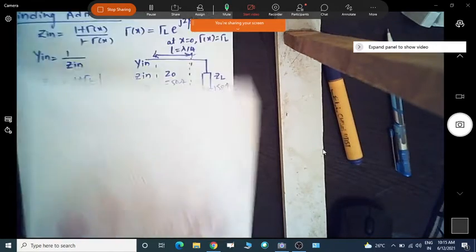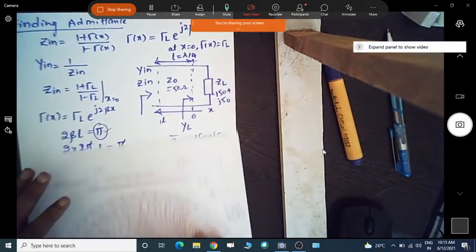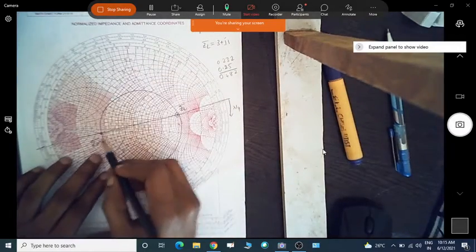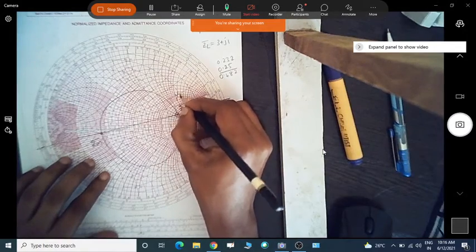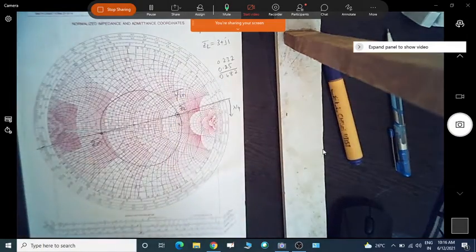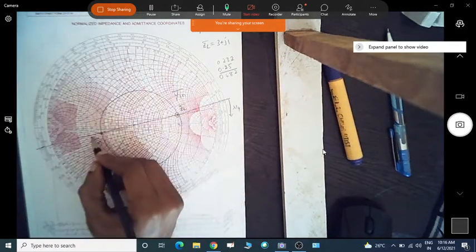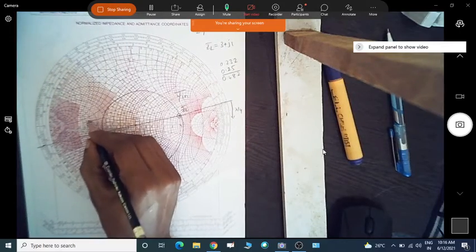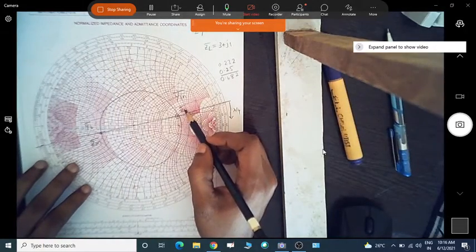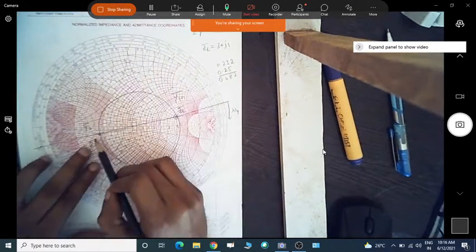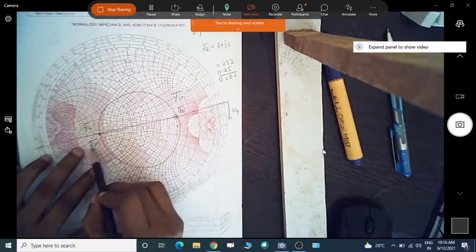Now we know the phase change happening at lambda by 4. From the input impedance point, if you take 180 degrees of phase, what you get is Y in bar, the normalized admittance value. If I take the point exactly opposite from the ZL point, this is your YL bar. That is correct, because the inverse of ZL gives YL, which is 180 degrees out of phase from the load point, equal to Z in bar.